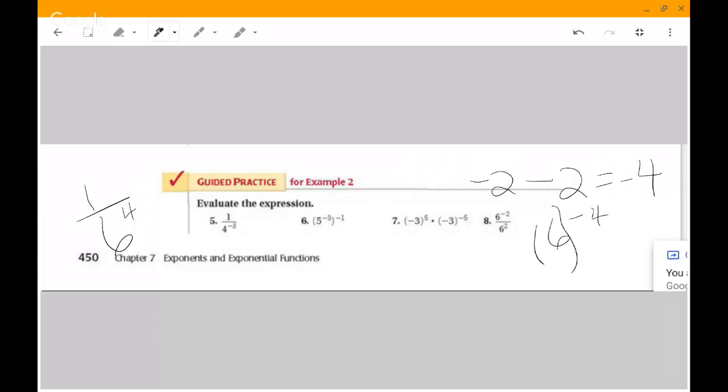And I'm fine if you all leave it that way on a test, because usually these bigger numbers, I'm not asking you to solve all the way out. But if you wanted to, I'm not absolutely sure, it's going to be 6 times 6, which is 36 times 6 more, or basically 36 times 36, which I think is 1,296.